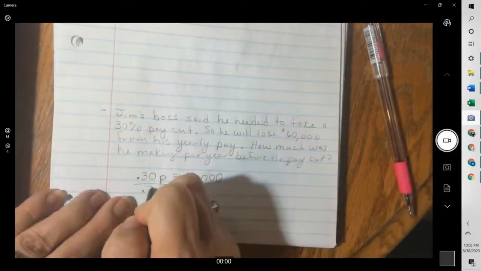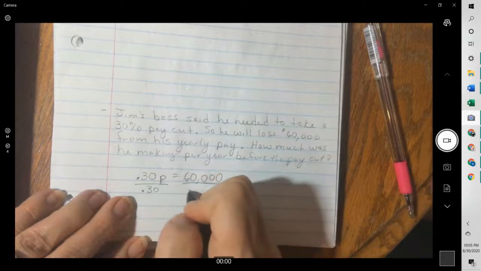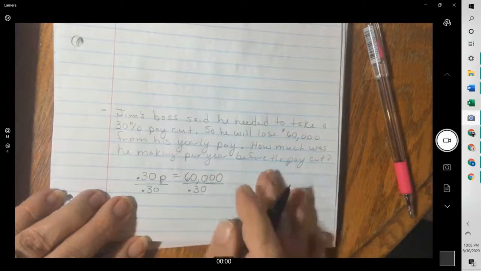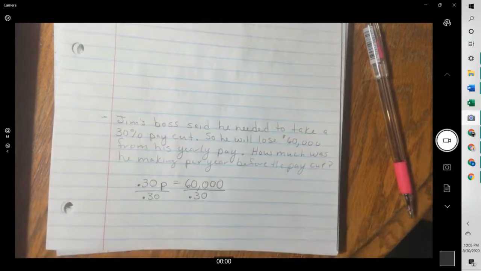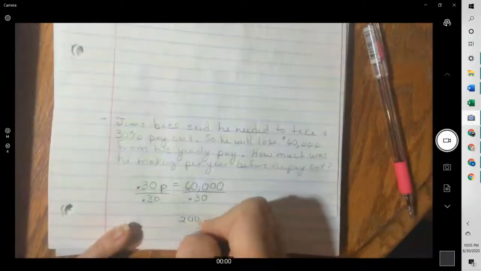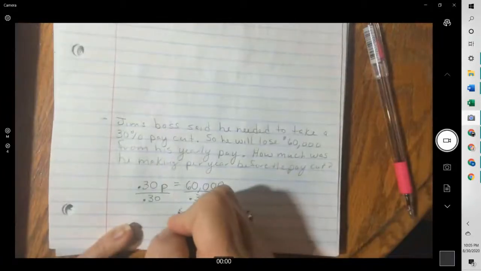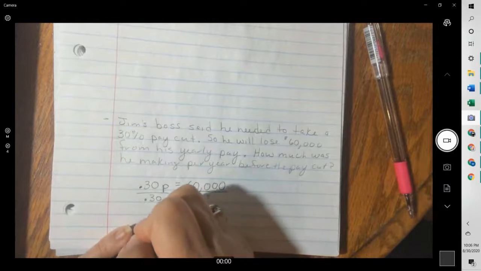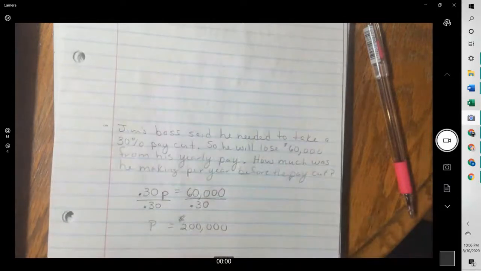Getting P by itself, again, we divide by the 0.3. And when we divide, we get 1, 2, 3, 4, 5 zeros, 200,000. So he was making $200,000 before his pay cut.